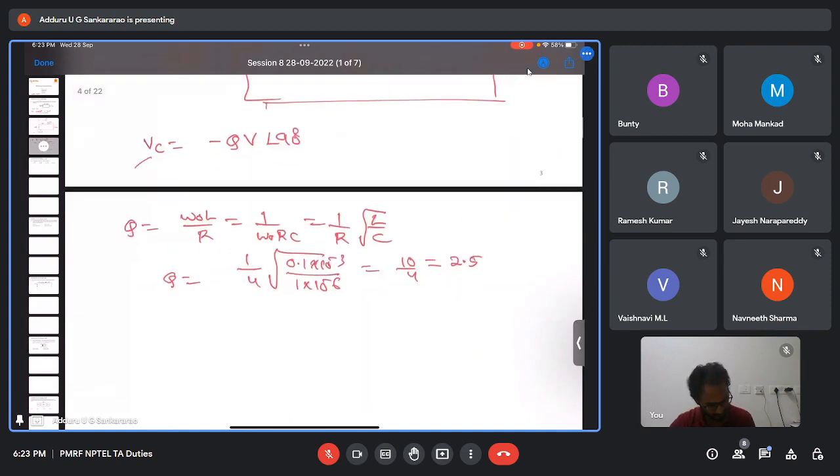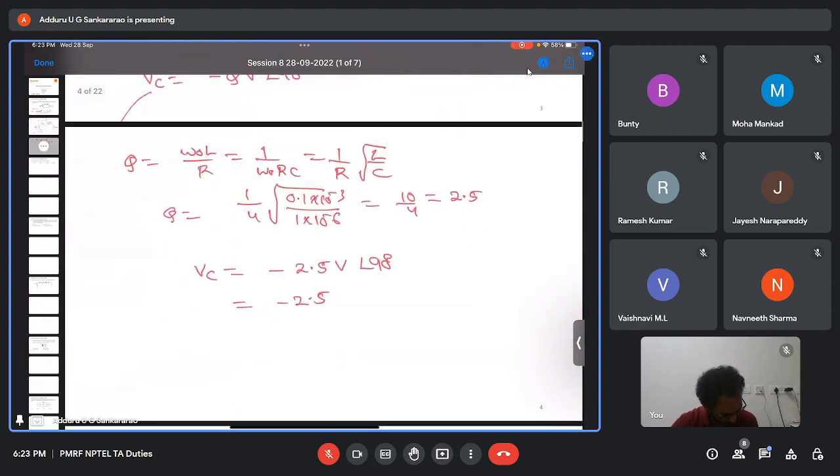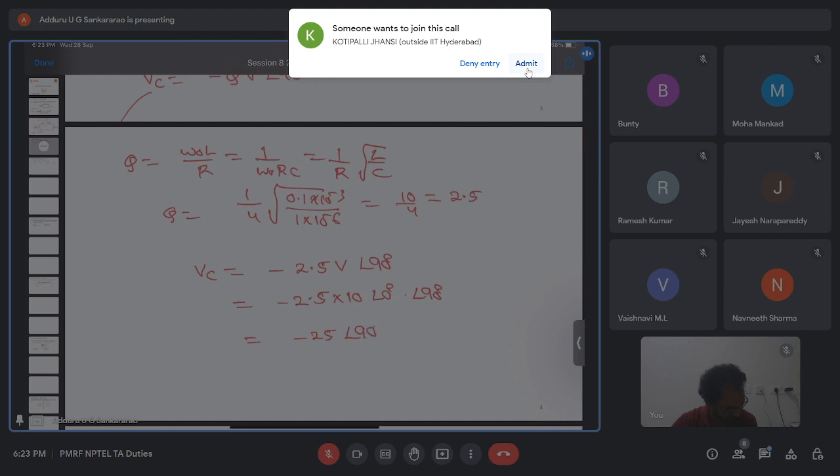Now what do we get for VC? VC is minus 2.5 V at an angle of 90 degrees. This is phasor representation. V is 10 at an angle of 0 degrees, and we already have 90 degrees here. So I can say minus 25 at an angle of 90 degrees.